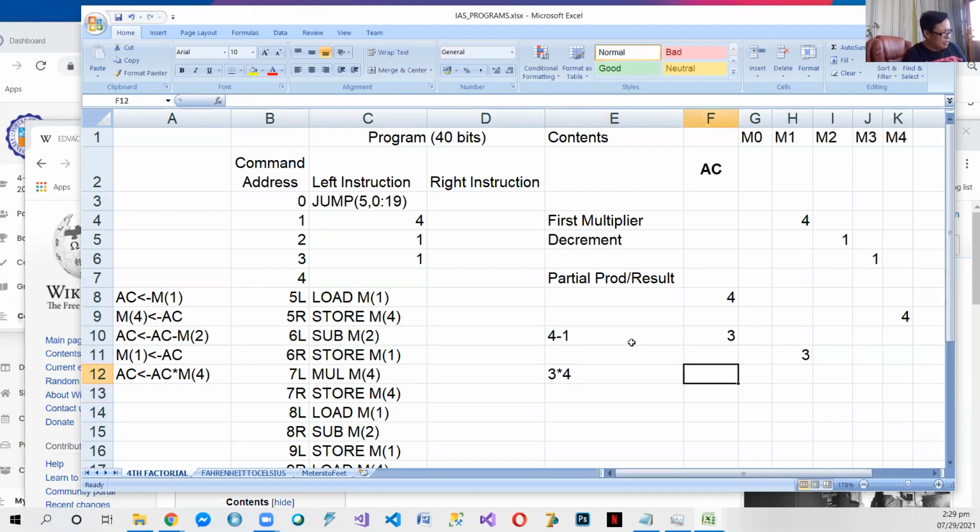So AC will now become 12. 3 times 4. We have computed the next partial product. We are going to store it back to M4. So we say store M4. Store M4 means M of 4 receives AC. We already have it here, so we just copy it here. So what happens is that this becomes 12.